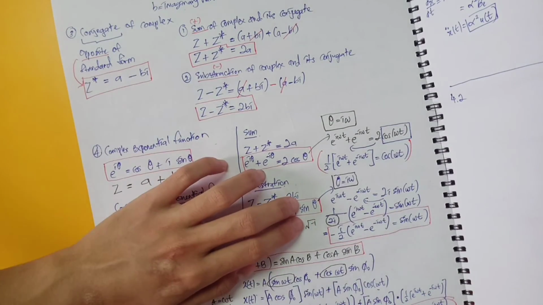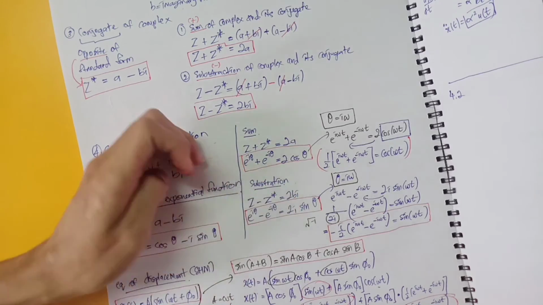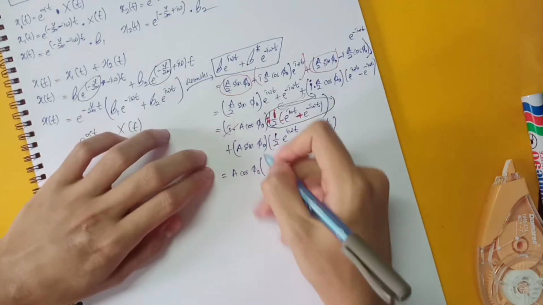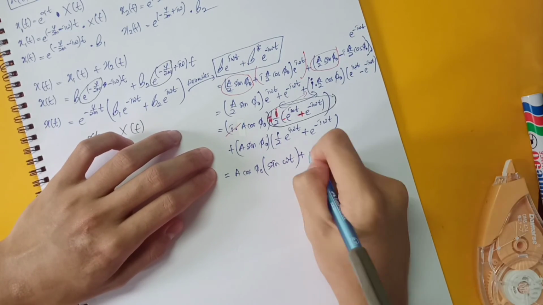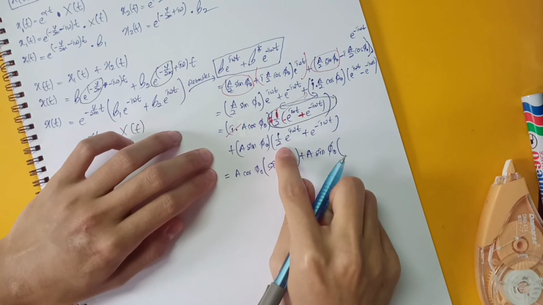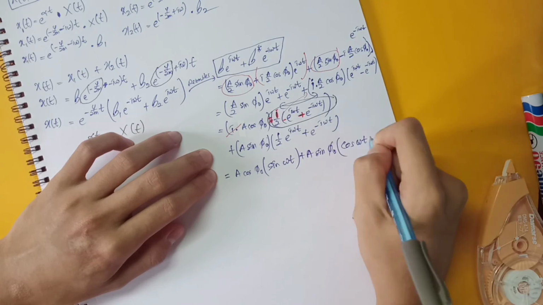This one here is equal to sine omega t. Then plus A sine phi naught times 1 over 2, this one is equal to cos omega t.